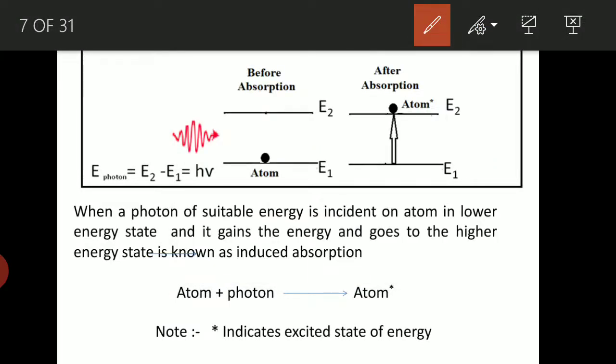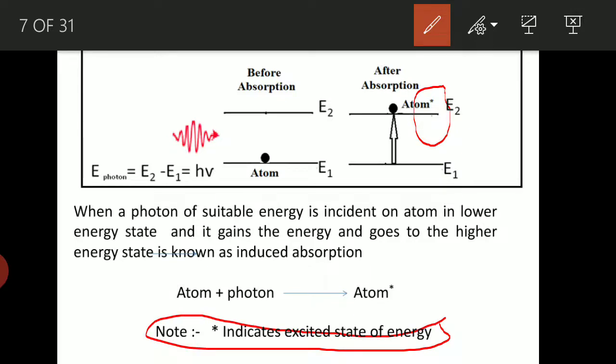Here it is mentioned as atom star. This star indicates that the atom is in an excited state, that is, a higher energy state. So we differentiate between the atom in the ground state and the atom in the higher energy state.